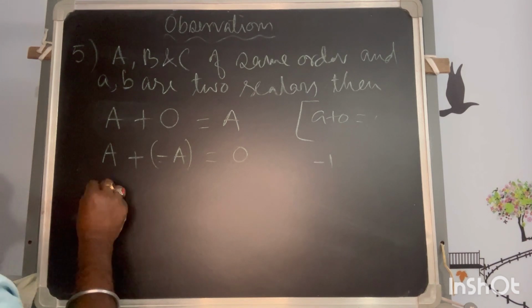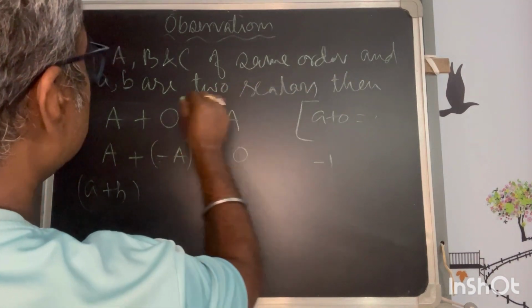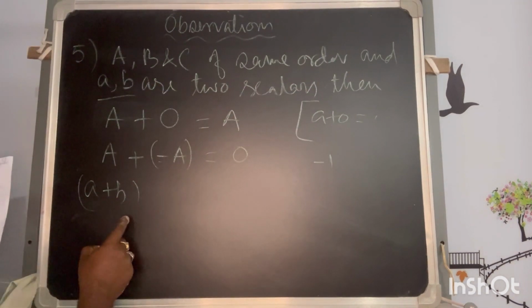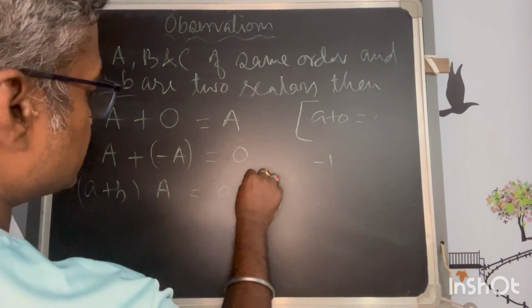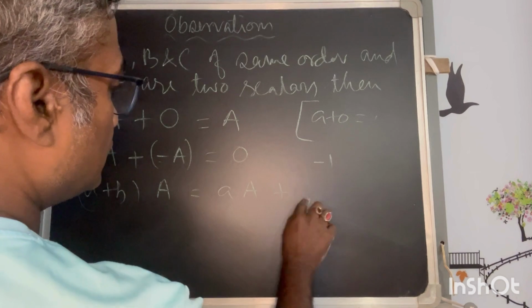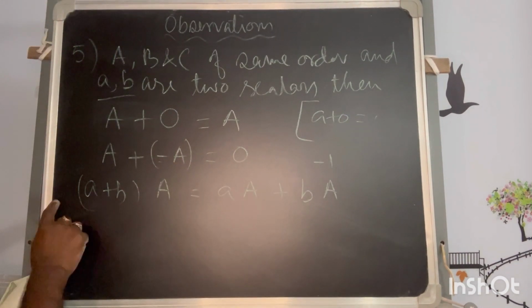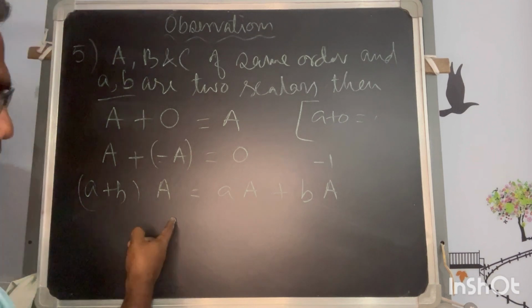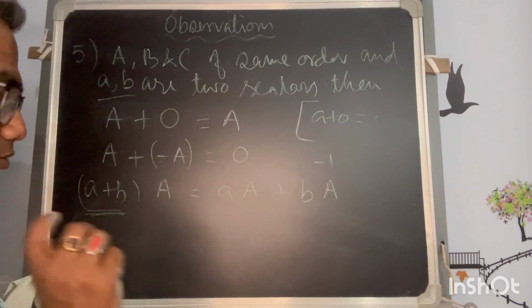The other one was, if I say these are scalars a and b, two scalars with the matrix, this could give you the same result if we multiply the scalars first then add, or add the scalars then multiply with the matrix, because these are all scalars, only numerical values.